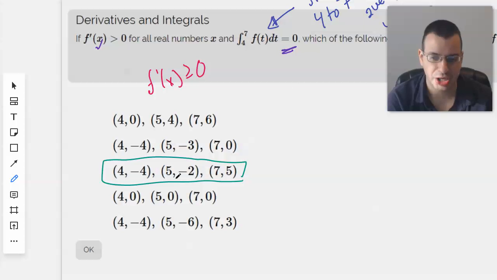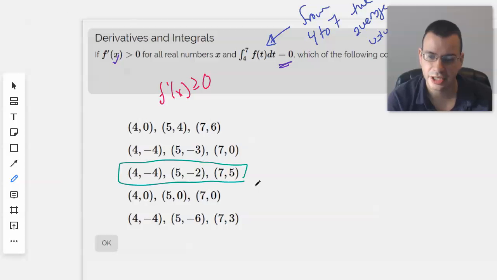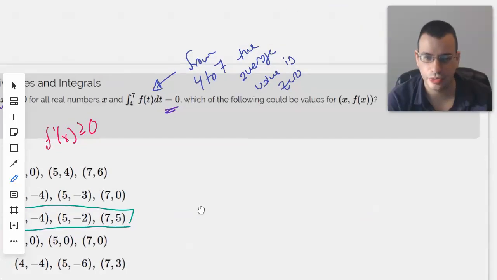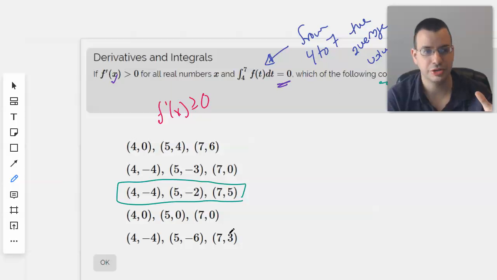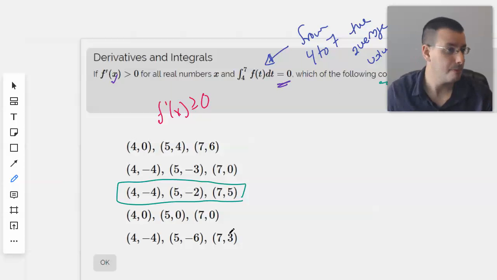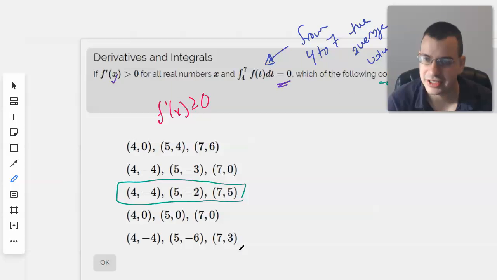This shows that it's possible that you could draw something so that you got some below, some above, and so it's possible that the integral could be 0. So we're not saying that by giving these 3 points we know the integral is 0. We're just saying maybe. And that's how you would approach this problem.